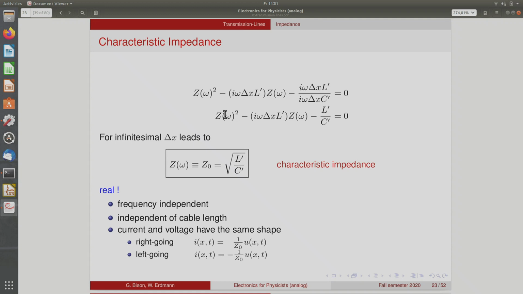But the infinite chain turns out to have a real impedance. So it's not complex, it's real, and it's independent of the frequency. So we started out with elements that have frequency dependence in their impedance, and the result of the infinite chain is that it's independent of the frequency. It's also independent of the cable length. Of course, we worked with an infinitely long cable.